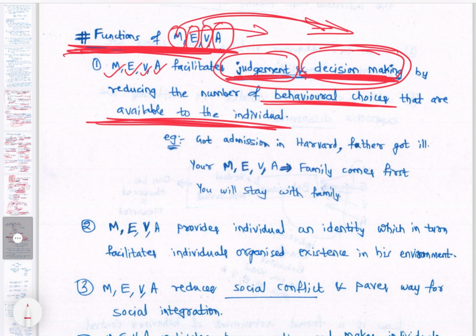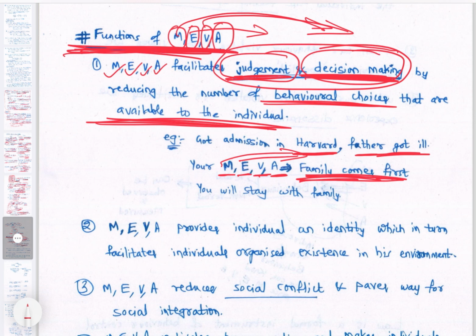Let's see an example of how morals, ethics, values, and attitudes facilitate decision making and making a judgment. See, you got an admission in Harvard University. You are planning to go to Harvard and study there for 2 years. But your father got ill, and he needs serious attention. He needs your presence. Your morals, ethics, values, and attitudes say family comes first, and family is important.